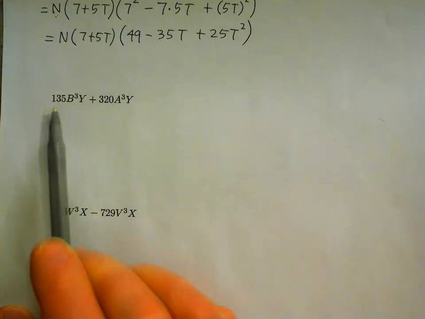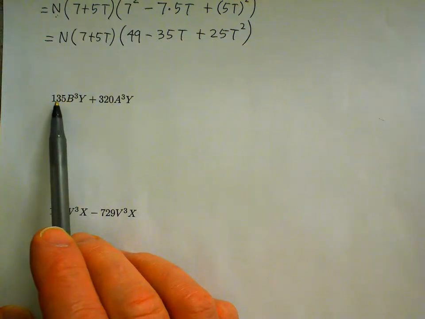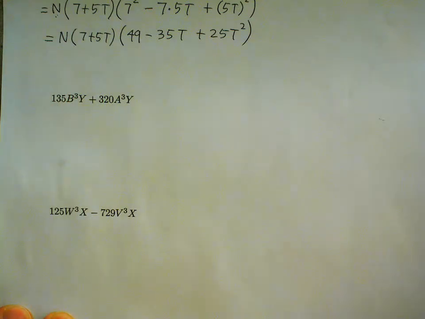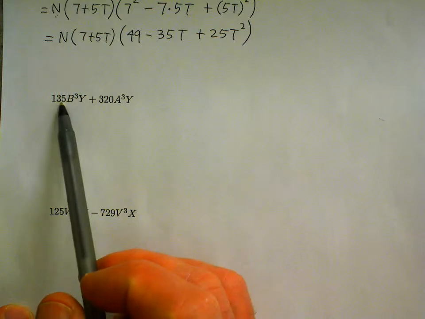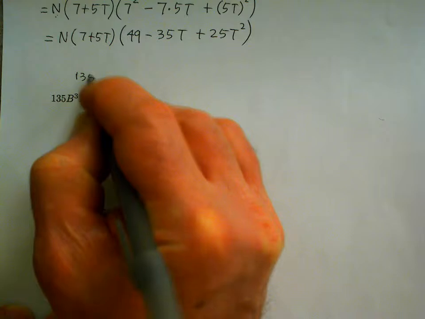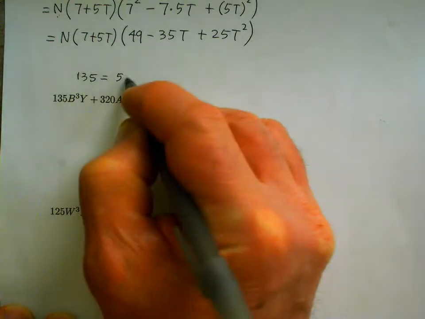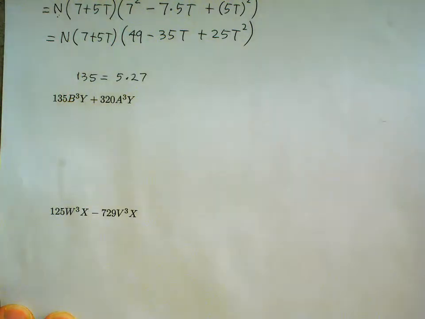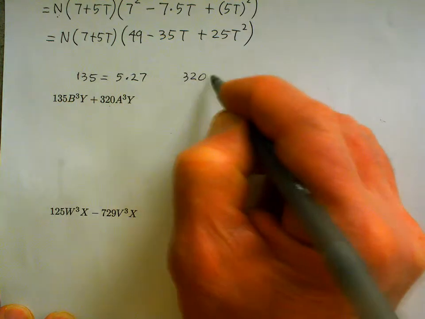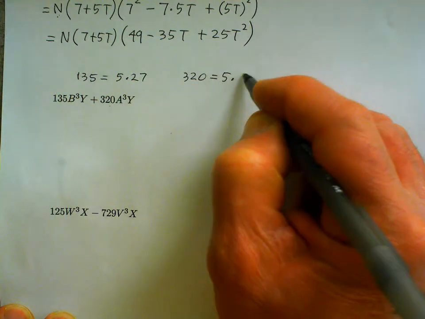When we look at the numerical factors, 135 and 320, well, we know that 5 is a factor of both. So 135 is 5 times 27. 320 is 5 times 64.